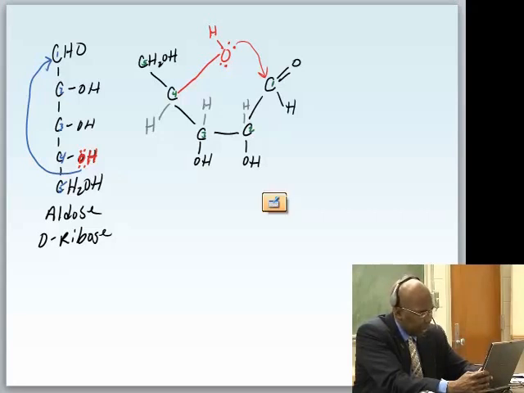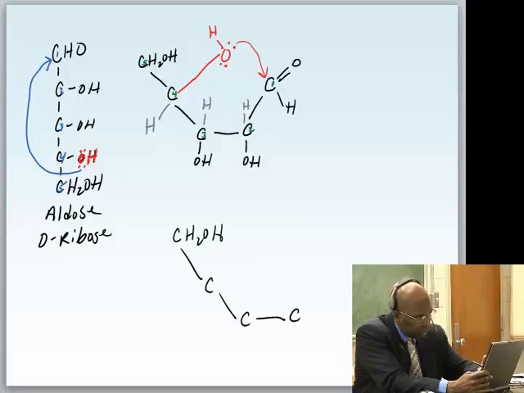I guess I don't have to draw it again, but I'm going to. This is carbon 5, CH2OH, 5, 4, 3, 2, and 1. I'm going to put my ring oxygen here.